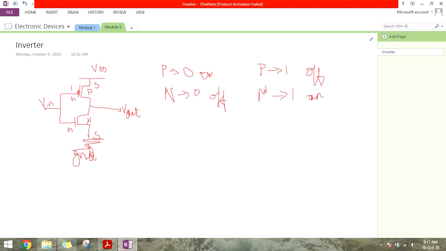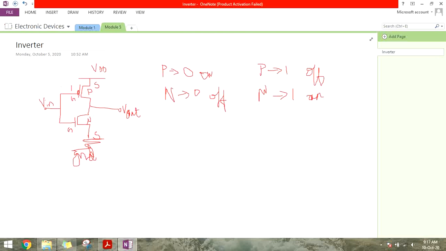There is a detailed explanation as to why the PMOS is on when given 0, the NMOS is off when given 0, the NMOS is on when given 1, and the PMOS is off when given 1. Right now we'll just concentrate on the fabrication rather than discussing the operation of the internal circuit.